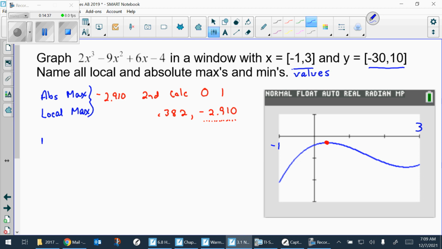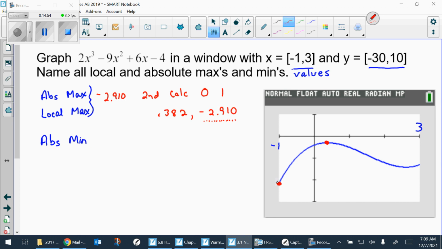Now, what about absolute min? Now, the absolute minimum value appears to occur right here. I don't think there's a lower y value in this entire interval.